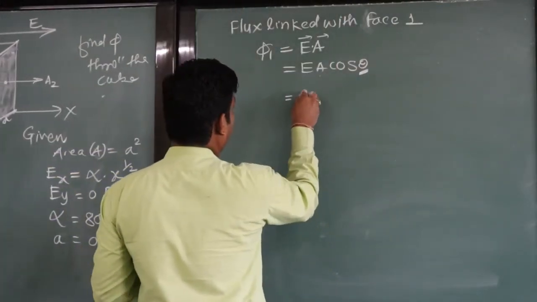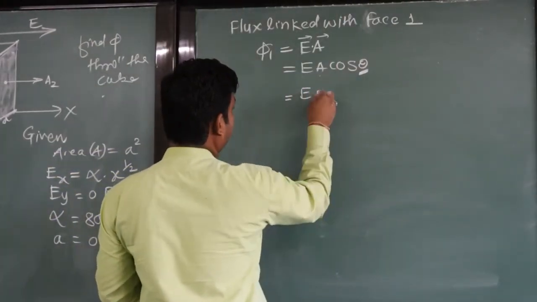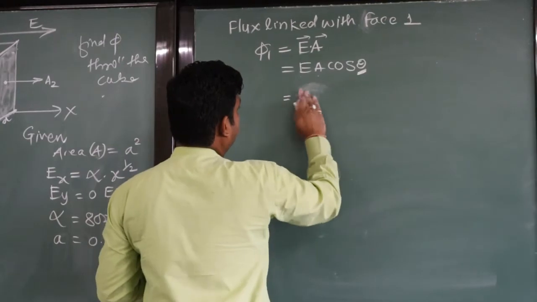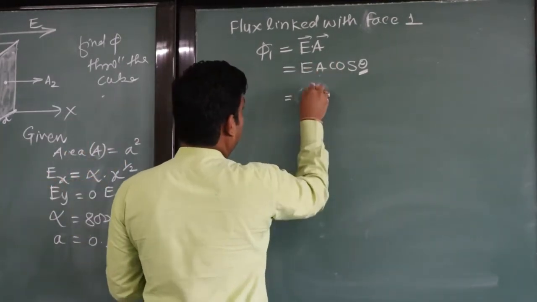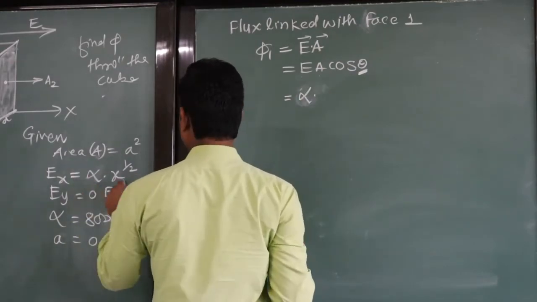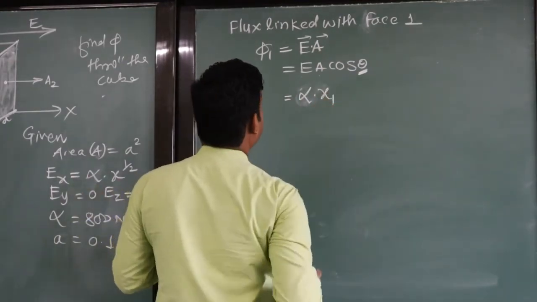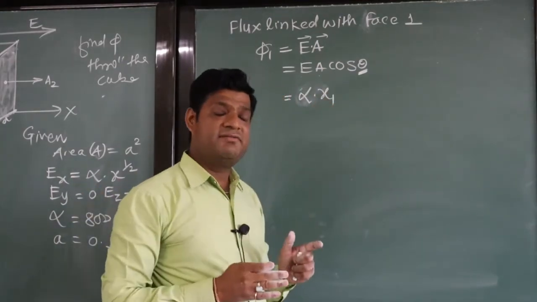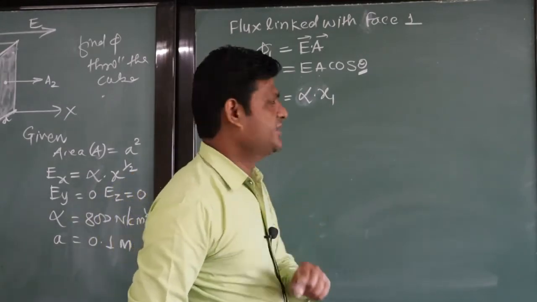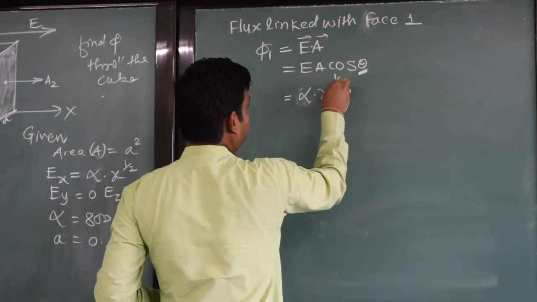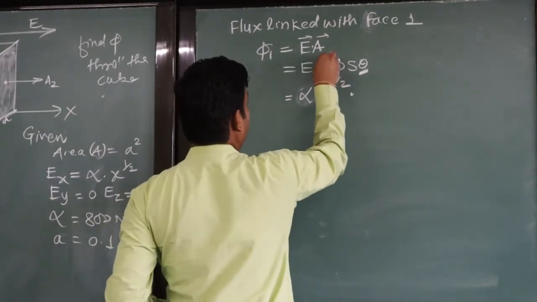So put the value, right? E A. What is the value of E? That we know, E is alpha into x1 raised to half, because the first face is at a distance x1 from the origin, into area. What is area?